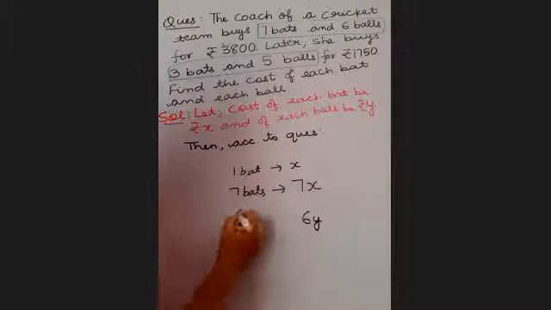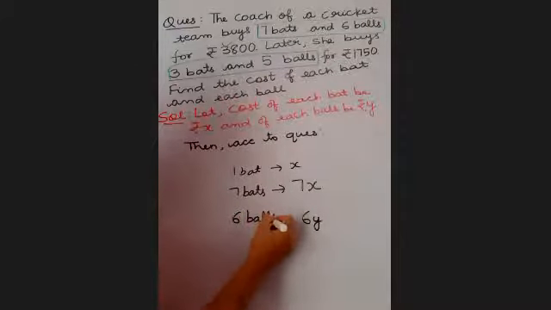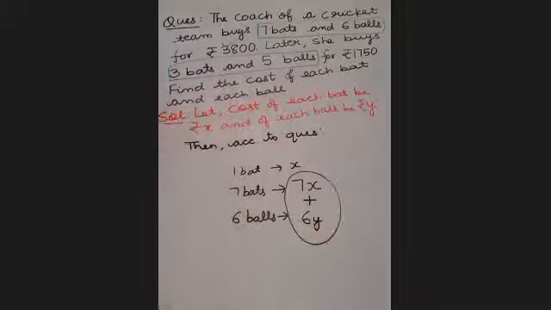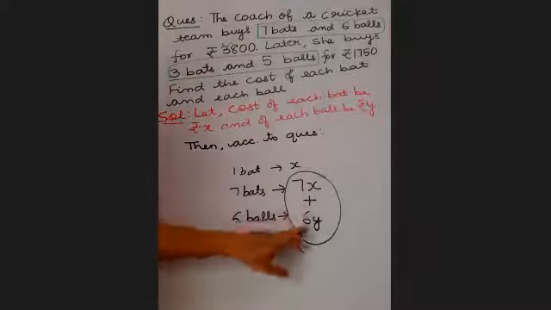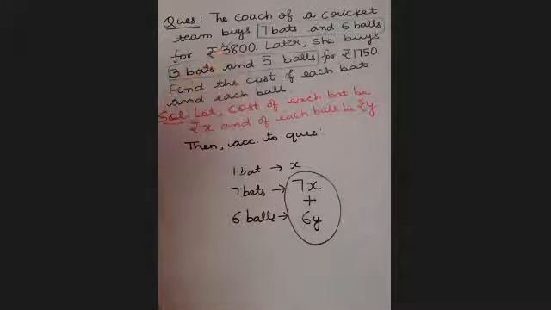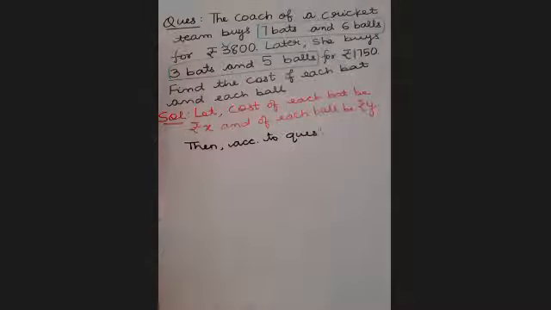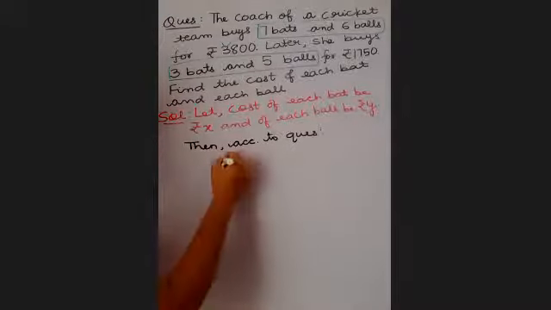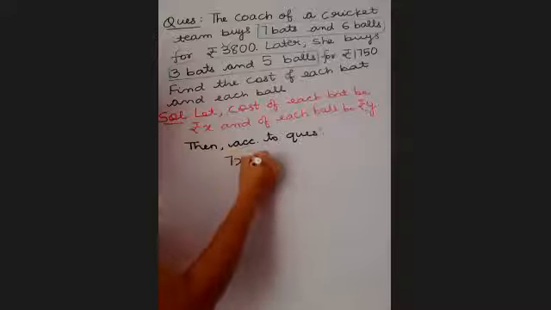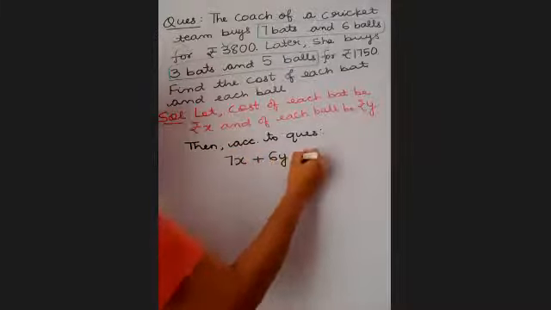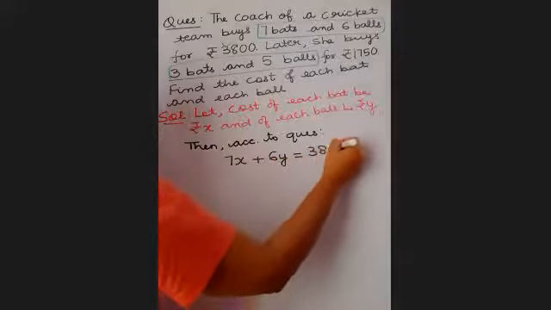And what is the total cost of these two? 7x plus 6y equals 3,800. Are you with me, children? Yes, ma'am.